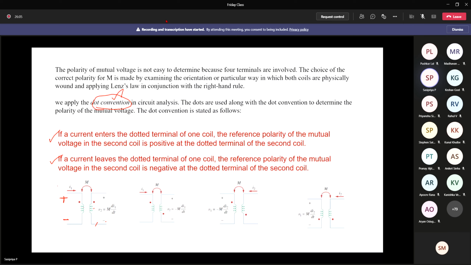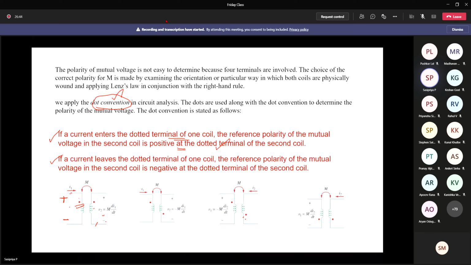See here, as far as this dot is concerned, we have an entering current, whereas as far as this dot is concerned, the current enters here, but at this side it's a leaving current. Now if a current enters the dotted terminal of one coil, the reference polarity of the mutual voltage, that is, the voltage generated at this side due to this current, is nothing but the mutual voltage, right?